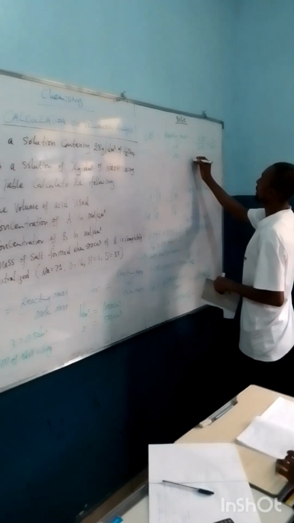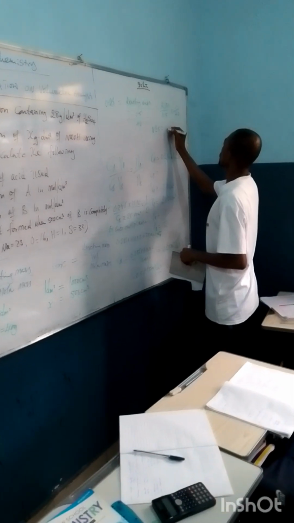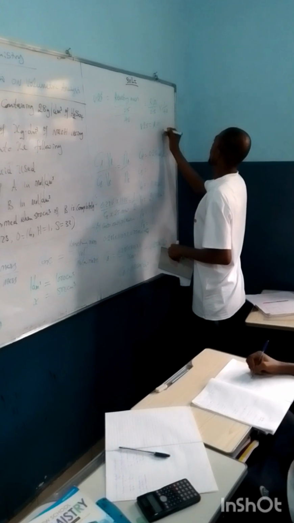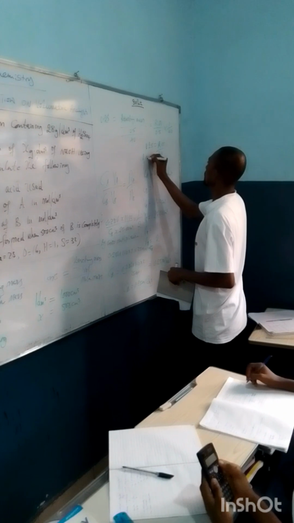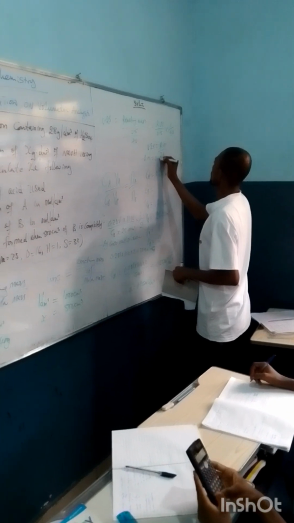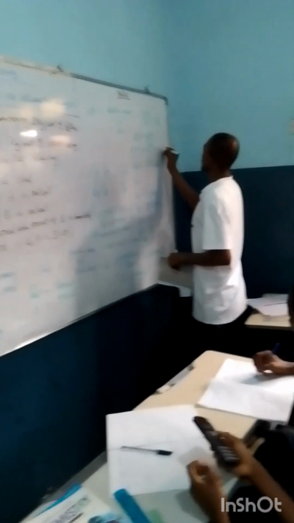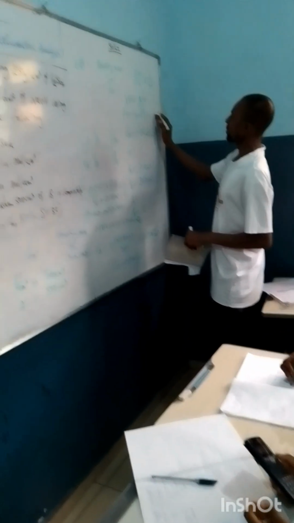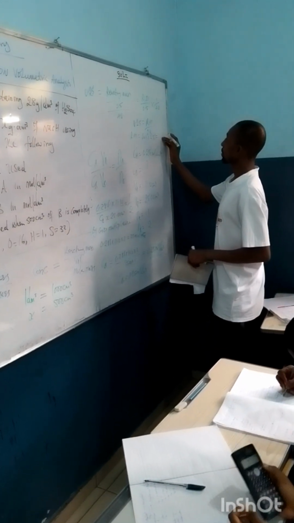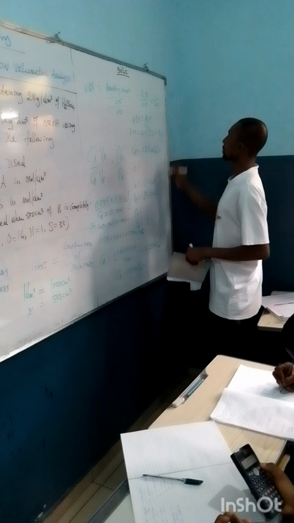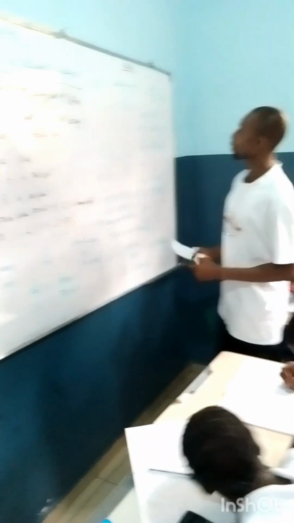So I will have 0.25 is equal to reacting mass all over 20. If I cross multiply, the reacting mass is going to be 20 times 0.25, which is equal to 5. Just 5 grams. Do we understand this?